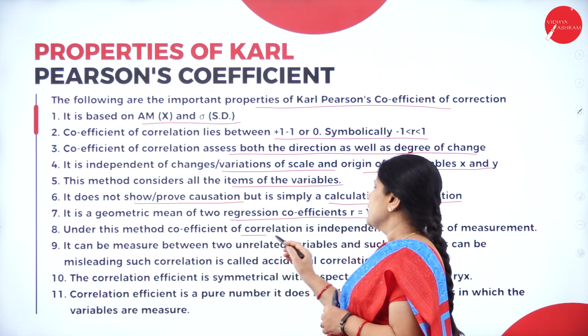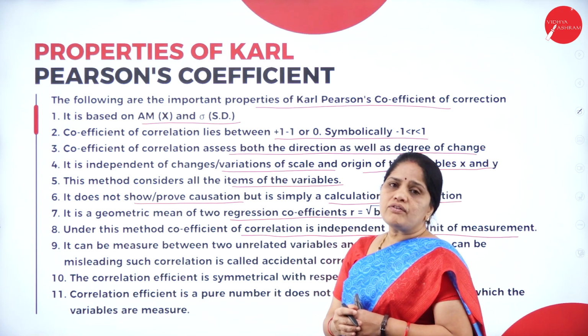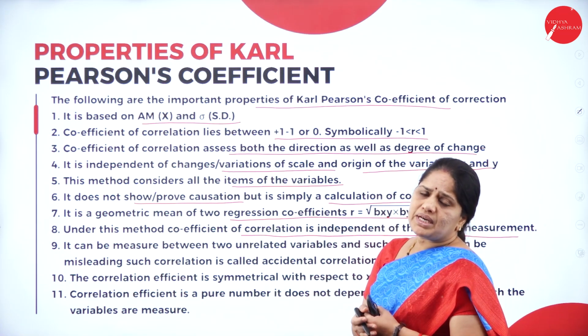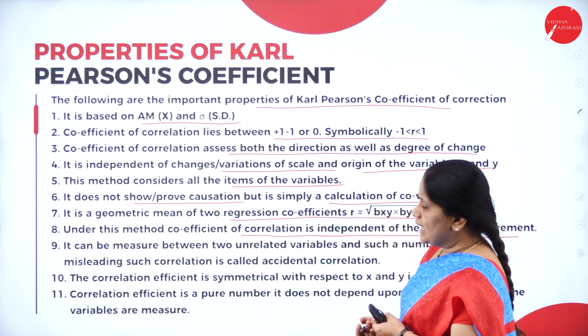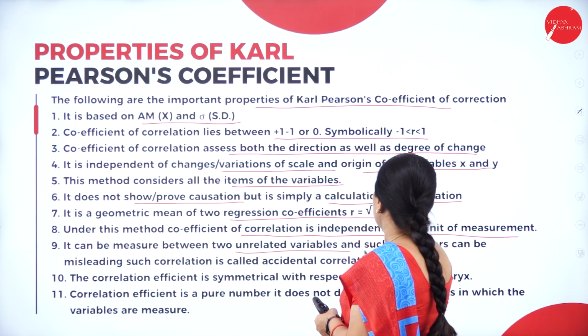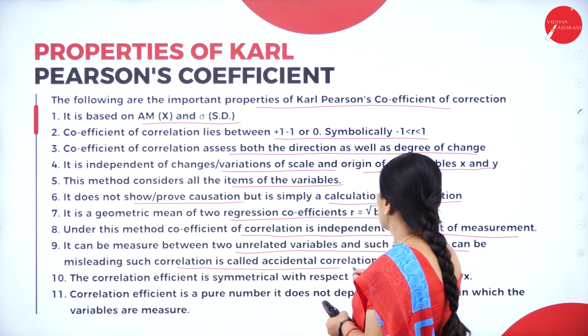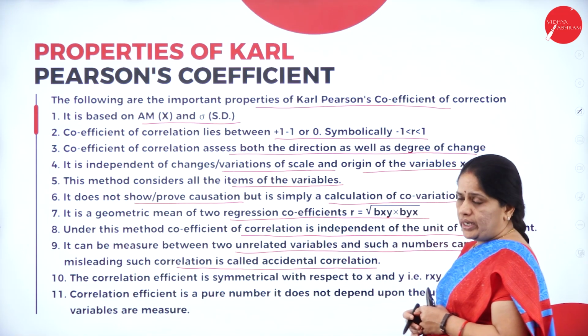Under this method, the coefficient of correlation is independent of the unit of measurement. So whatever be the measurement, we can always calculate the coefficient. So it can be measured between two unrelated variables and such numbers can be misleading. Such correlation is called accidental correlation.